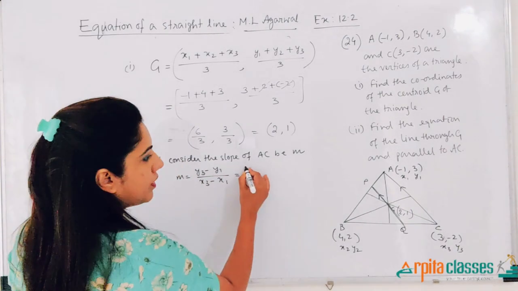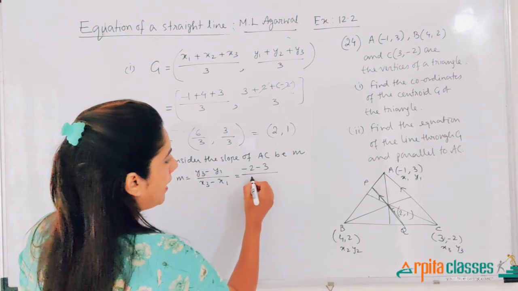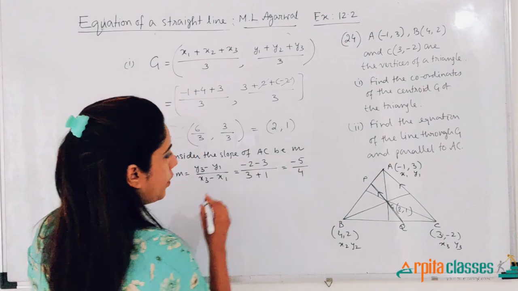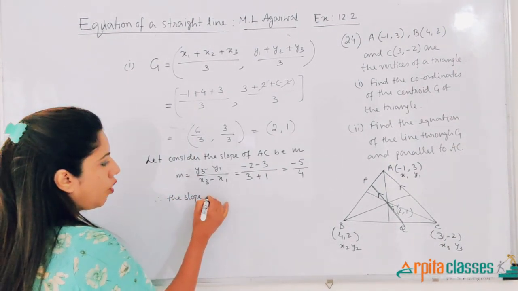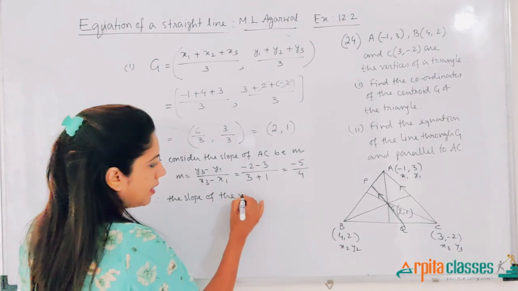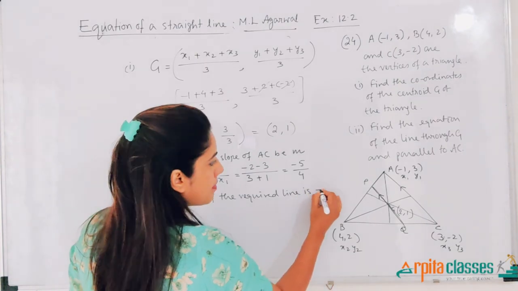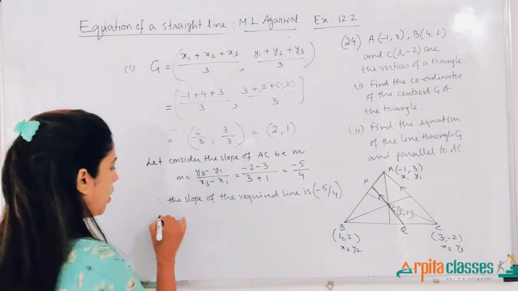So y3 is -2 minus 3 divided by 3 plus 1. So it's coming -5 upon 4. Therefore the slope of the required line is also the same, -5 upon 4. This is the slope of the required line.